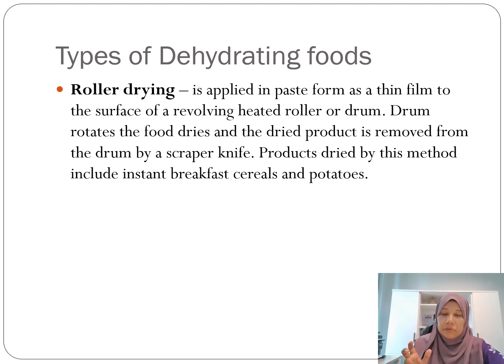It means that if you want to dehydrate a paste, they use a roller dryer. You put the paste on the roller, then the roller turns around on the same machine, and there's heat, so the food will become dry.